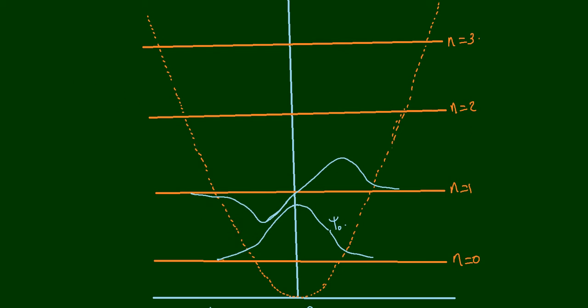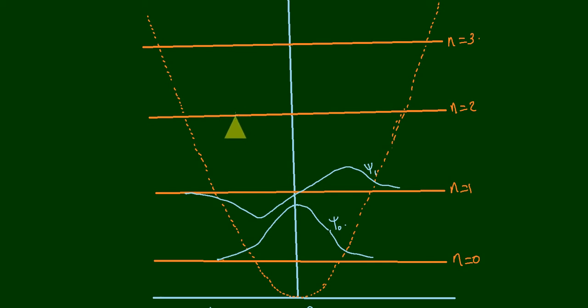Okay, let me try once again. Okay, like this. This is a plot of psi 1. And now I am going for the plot of psi 2. Okay, psi 2 plot.